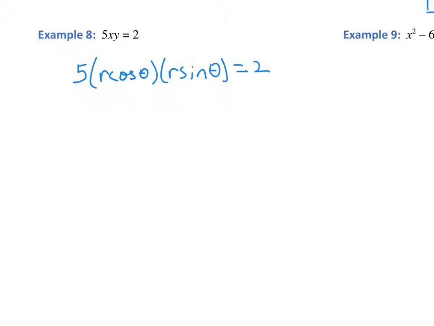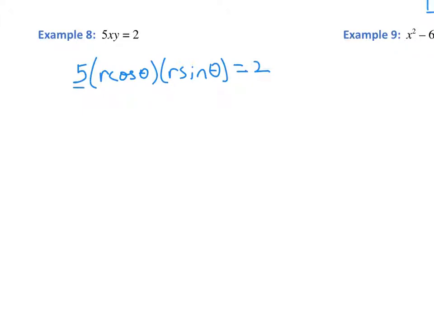Your goal here is to get the r by itself. Now, it's different than the last one that was similar to this because I had a plus sign. These are all multiplying. You're still going to use the same concept, though. Any ideas? What do you want to do? 5 over. All right, we're going to divide the 5 over, but at the same time, what else can we divide over?